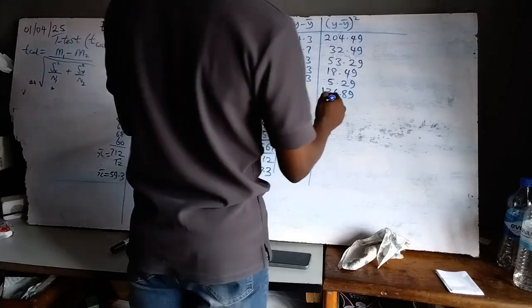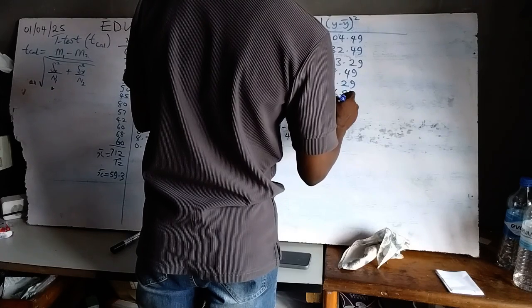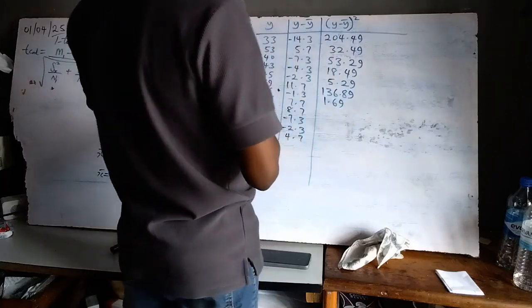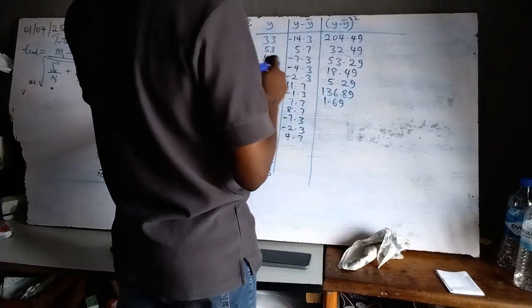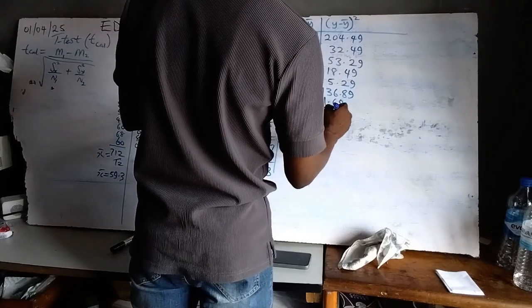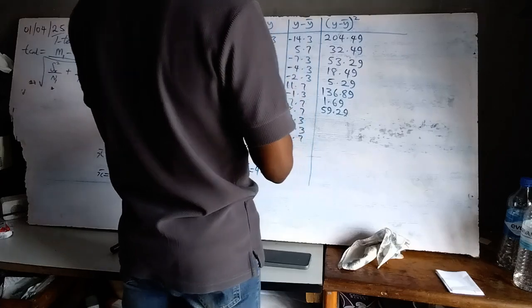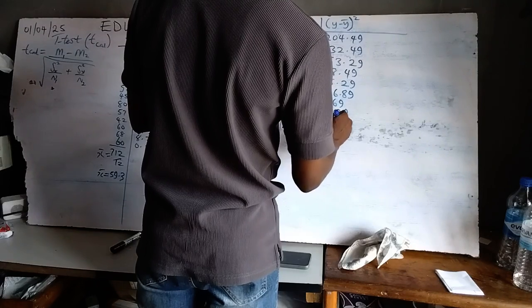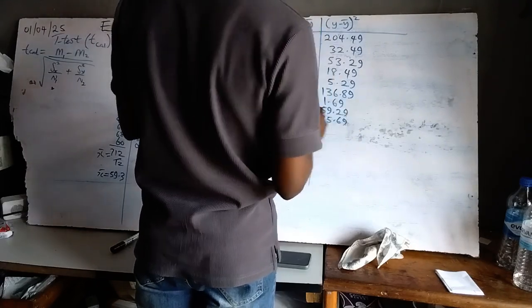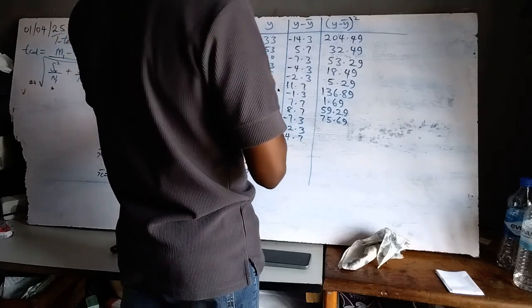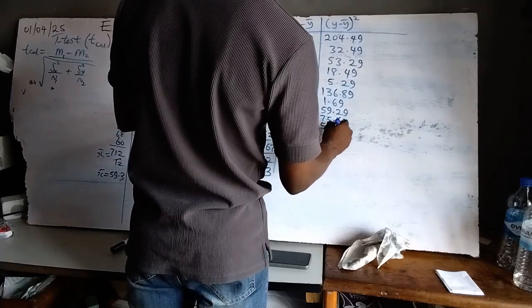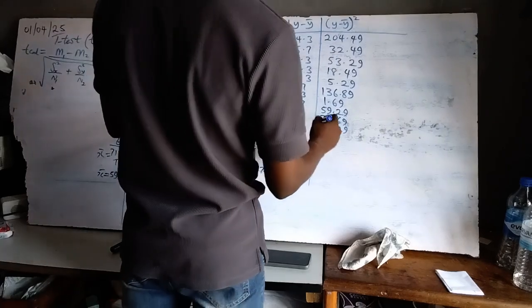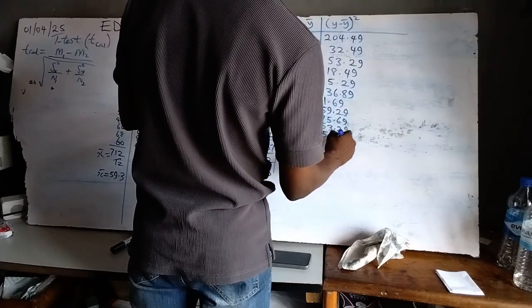1.3 squared is 1.69. 7.7 squared is 59.29. 8.7 squared is 75.69. 7.3 squared is 53.29. 2.3 squared is 5.29.